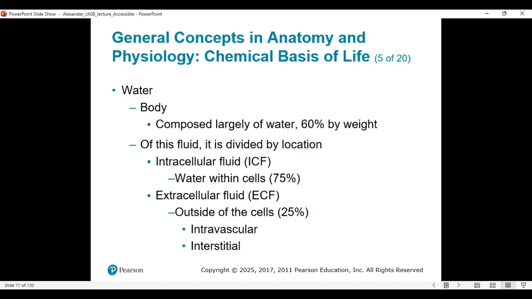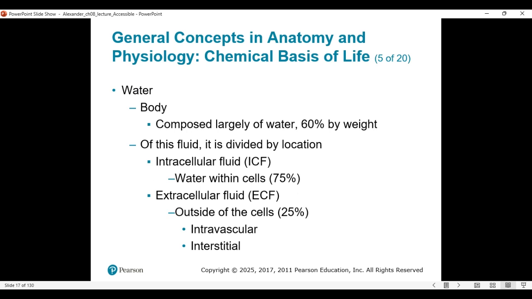The body is composed largely of water, 60% of your weight. Where this weight is located is intracellular, which has 75%. So inside our cells has most of the water. Extracellular, which would be outside, would be 25%. This could be either intravascular, inside the vessels, the veins, the arteries, capillaries, or interstitial.